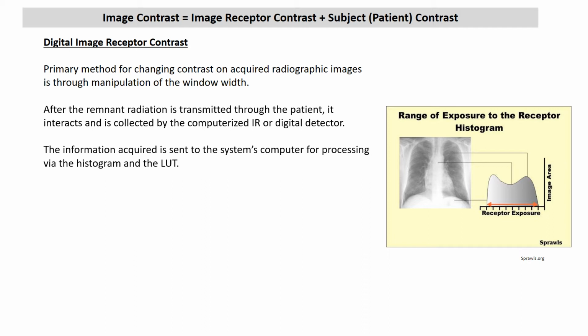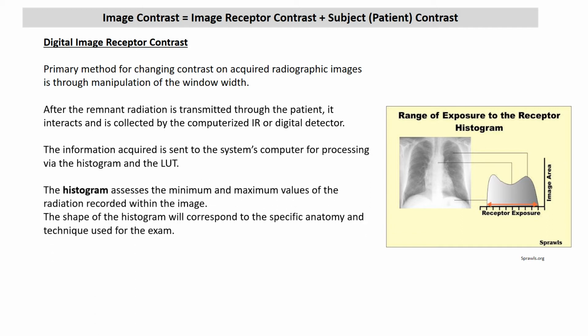We're going to learn much more about this in the digital imaging class, but basically what is formed from the amounts of radiation coming off your detector is something called a histogram. So your image, you create it by the technical factors that you set up. You create a histogram. And the other factor that's going to be involved is what's called the LUT, or the lookup table.